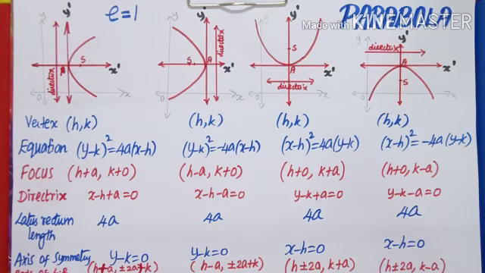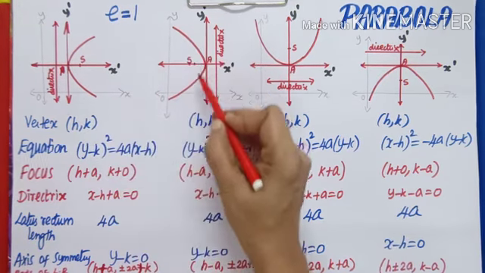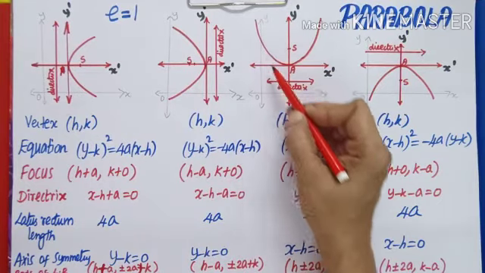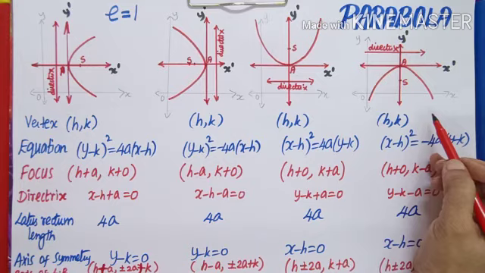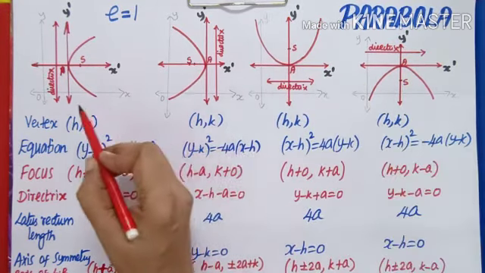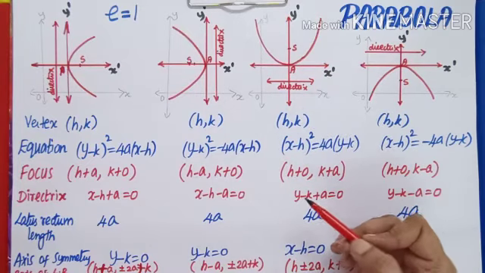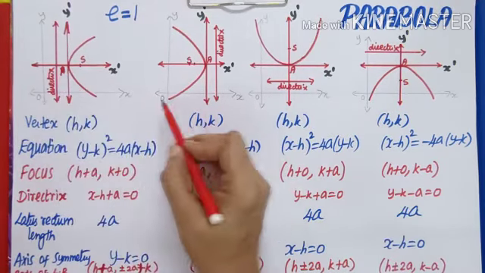We have the four types of parabola. The curve opening right, the curve opening left, the curve opening up, and the curve opening down. So right, left, up and down, there are four types of parabola. X-axis, y-axis can be anywhere.